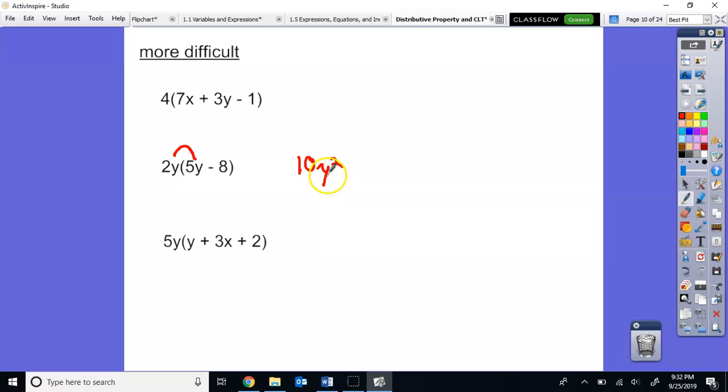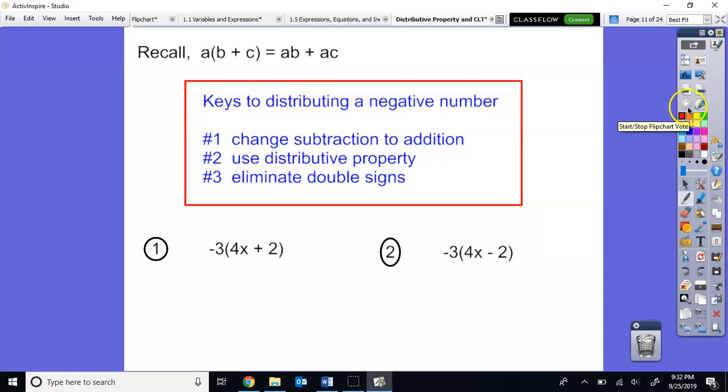Again, you are multiplying. 2y times negative 8 would be negative 16y. Notice, yes, both of these have a y, but this is y squared, this is y to the first. So you still cannot add these together. That means you're done. With simplifying, the big key is you don't want to take it too far.